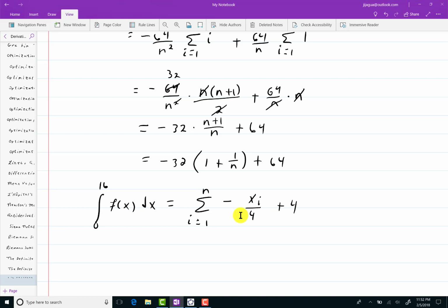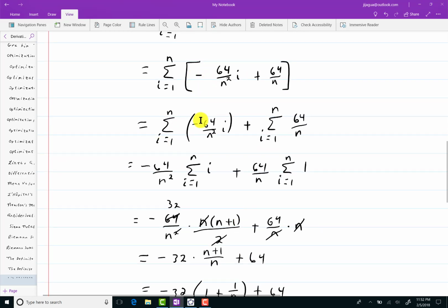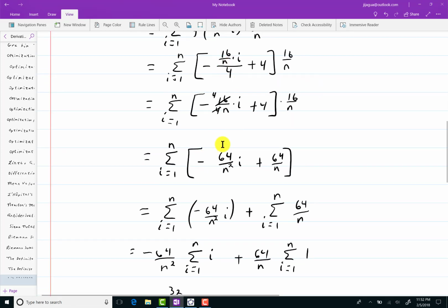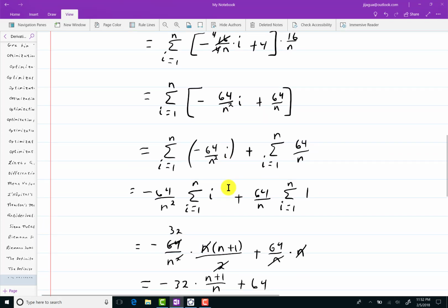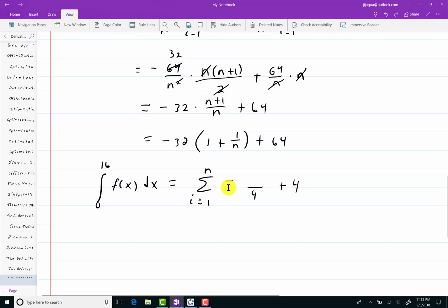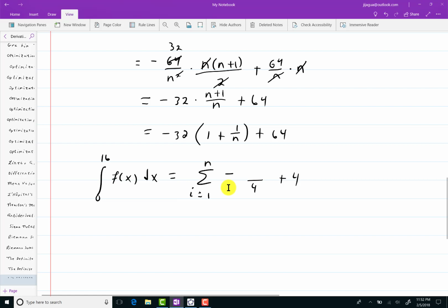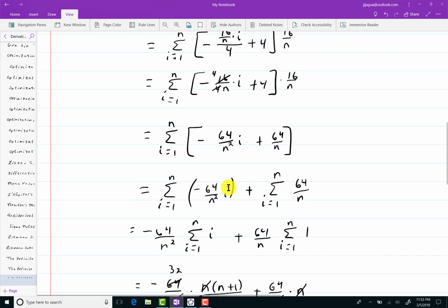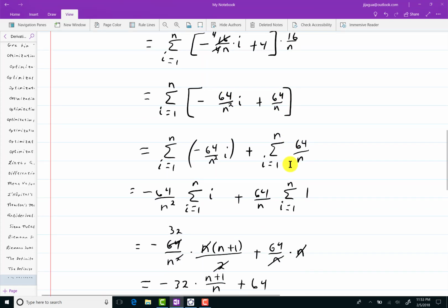But each xi, that's what I want. Each xi was 64 over n squared I, plus 64 over n.